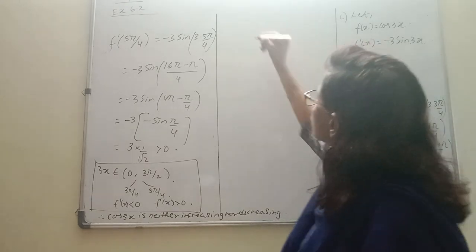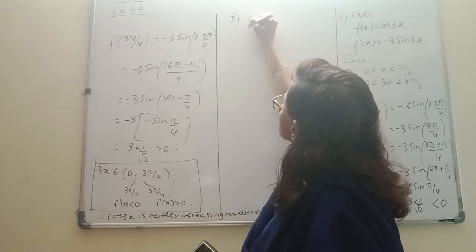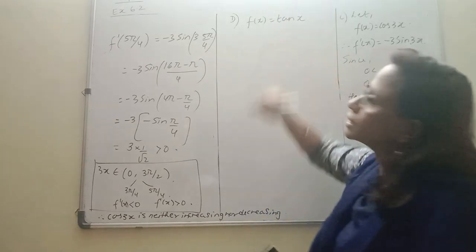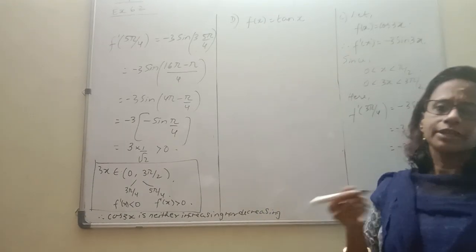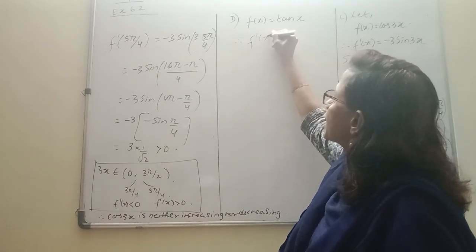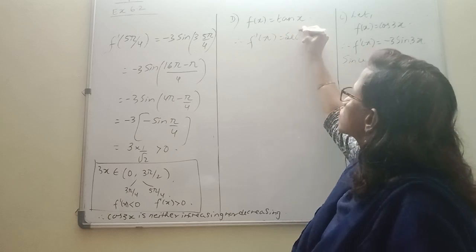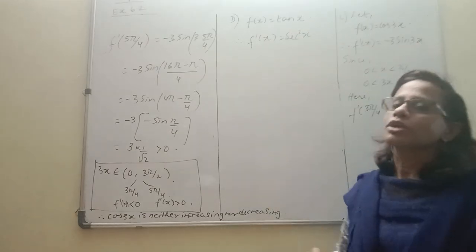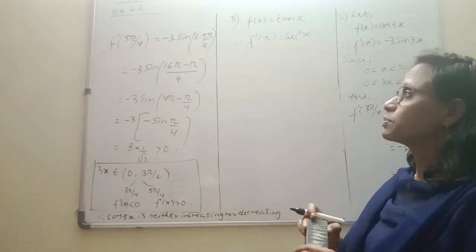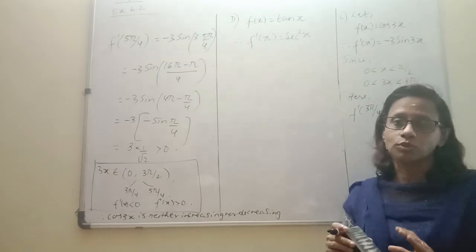So that is D now, tan x, right? Same steps, we'll try to find f dash x. f dash x for tan x, we all know, is sec squared x. Now x belongs to 0 to pi by 2, that's what is being told to us.